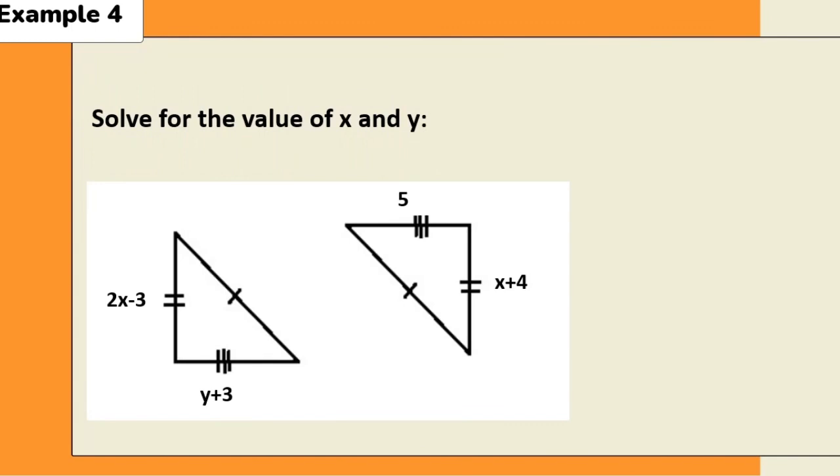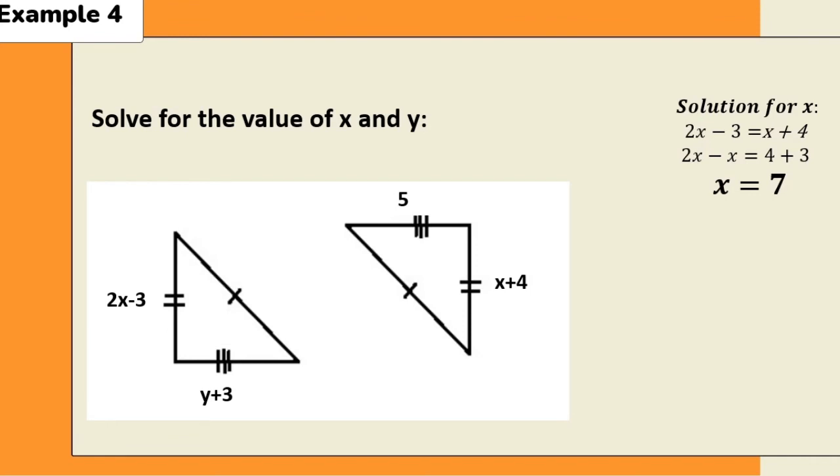For the fourth example, let us solve for the values of x and y. Let us analyze this figure. Okay, by markings, we can say that 2x minus 3 is equal to x plus 4. Again, by addition property of equality, we came up with 2x minus x is equal to 4 plus 3. And then the value of x now is 7.